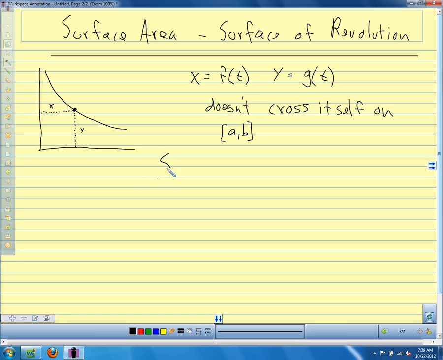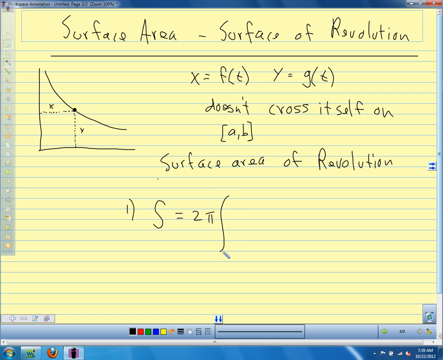Surface area of revolution. We have capital S is what we usually use for surface area of revolution.